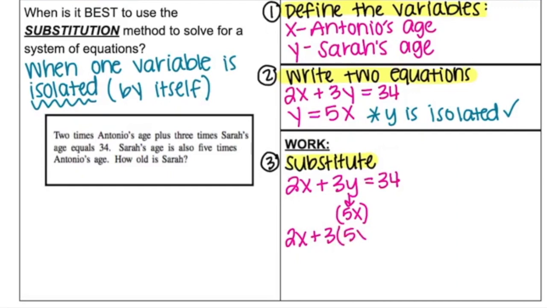So that would give us 2x plus 3 times 5x equals 34. All we did right there was, since y is equal to 5x, in that first equation, we took y and replaced it with 5x.